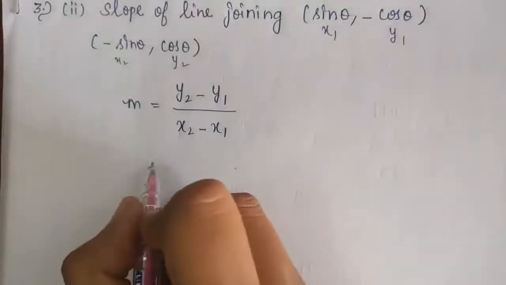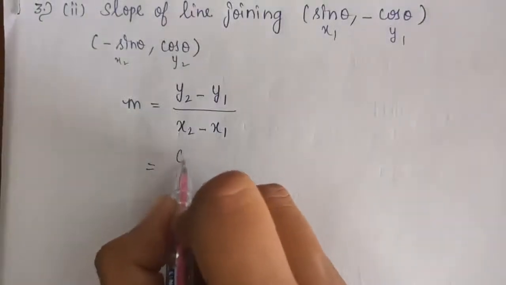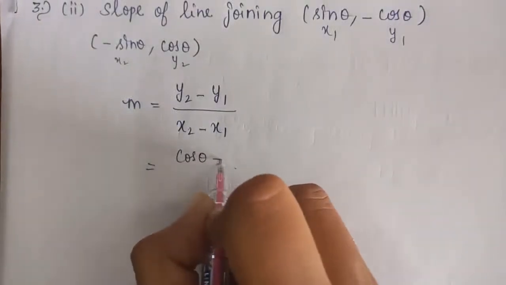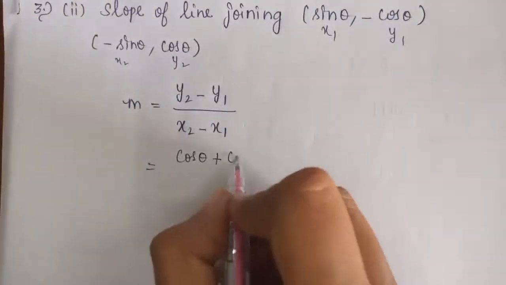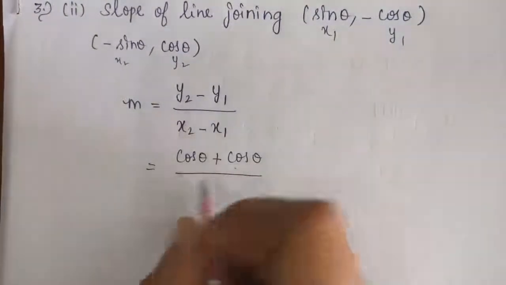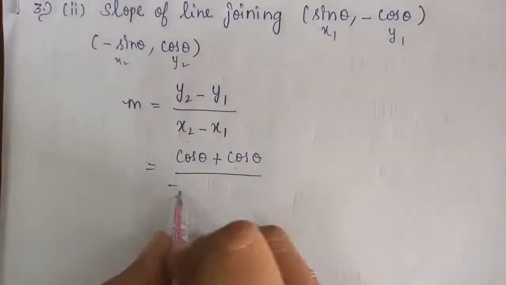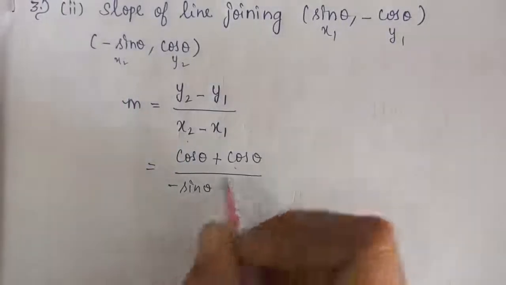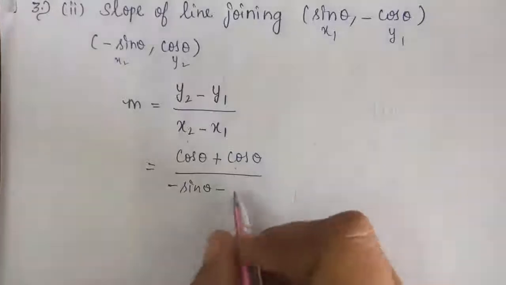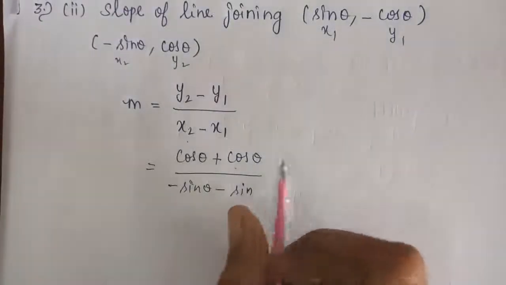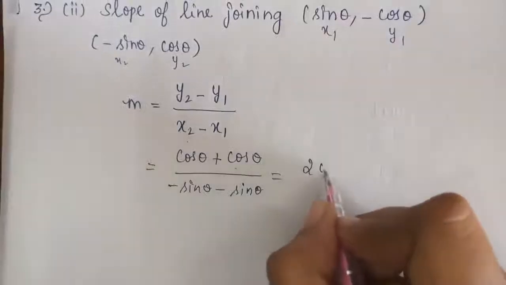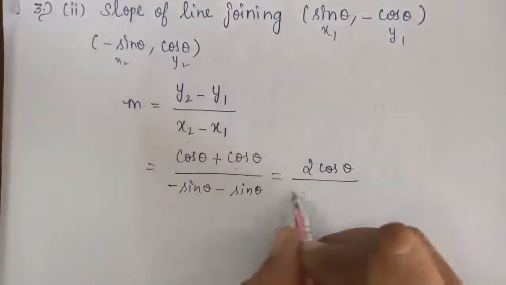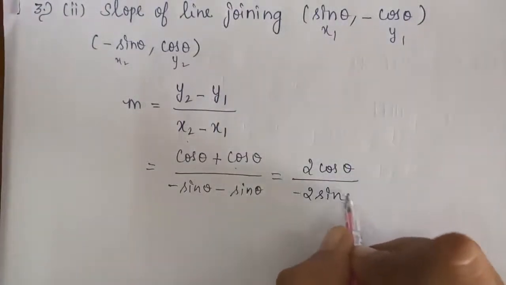Substitute in the formula, you get y2 is cos theta minus y1 is minus cos theta, so minus into minus plus cos theta, divided by x2 is minus sin theta minus x1 value is sin theta, which is equal to 2 cos theta divided by minus 2 sin theta.